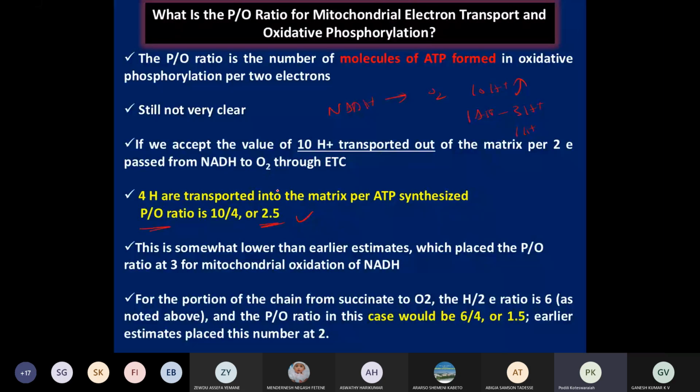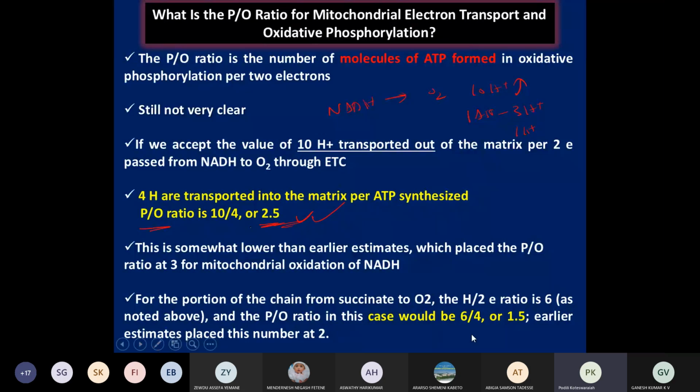As I already said, 3 protons are essential for the formation of one ATP, and 1 proton is essential for transporting the ATP out, because when the ATP is leaving the matrix, 1 proton is entering the matrix from the intermembrane space. Therefore a total of 4 protons are utilized. Therefore 10 divided by 4 is equal to 2.5. So 2.5 ATP molecules are formed when NADH is oxidized and O2 is reduced.